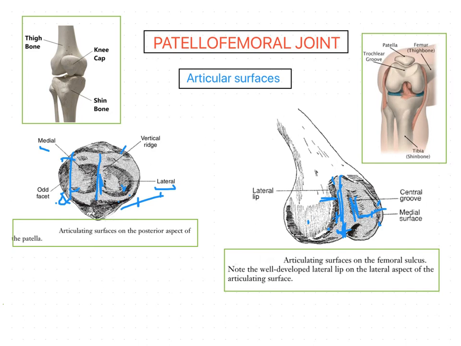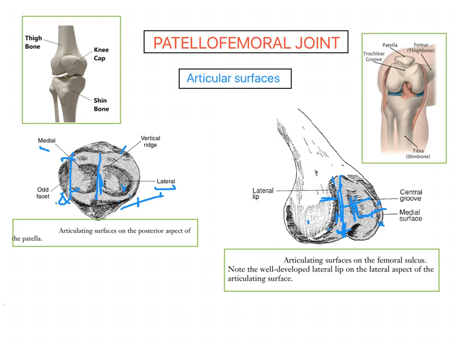The angle formed by the medial and lateral facets, that is the angle of the femoral sulcus, has been found to average 138 degrees but varies widely among individuals, from 116 to 151 degrees. So this is about the articulating surfaces of the patellofemoral joint.